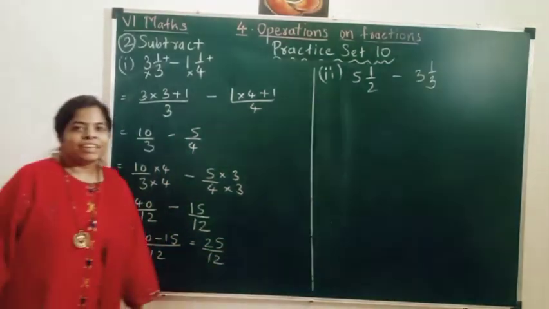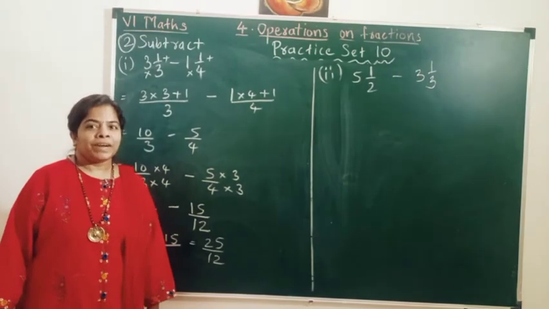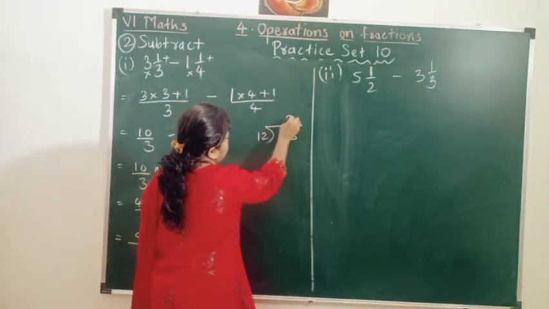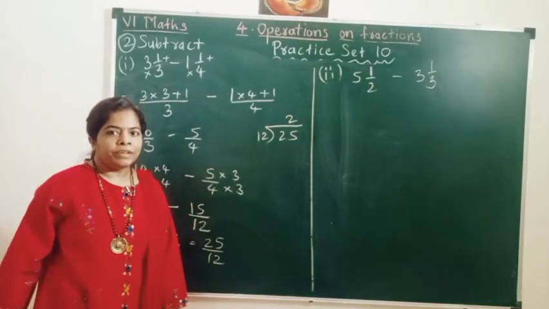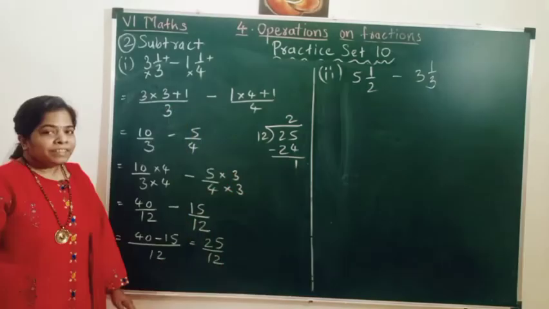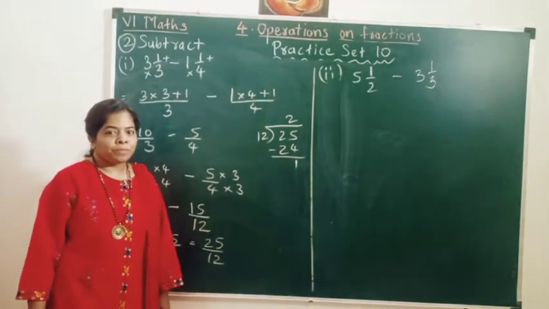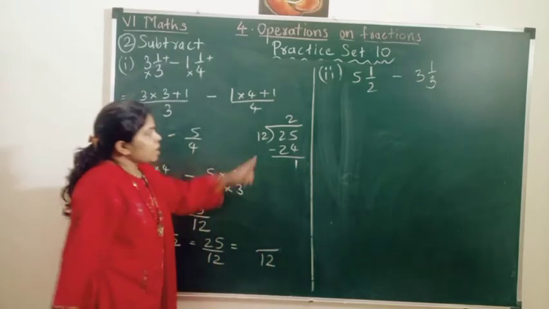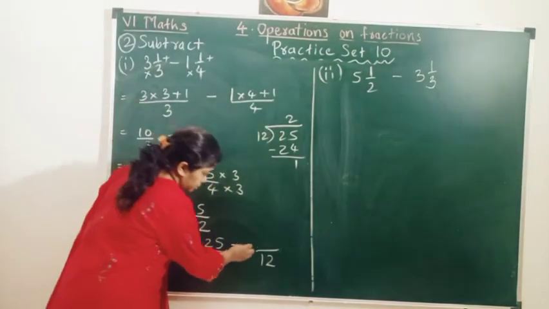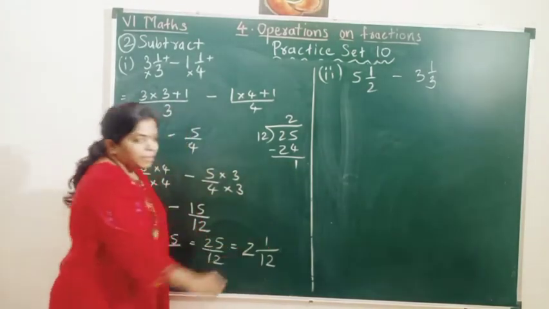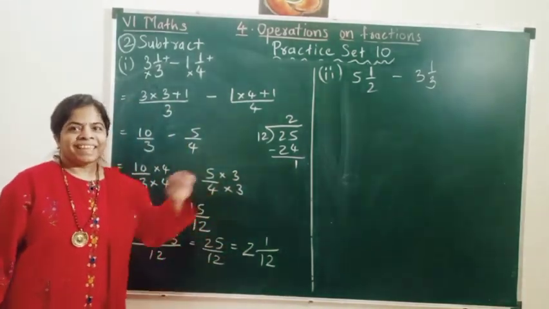You can divide and convert it into a mixed fraction. 12 2s are 24. Now we'll write in mixed fraction form: quotient, remainder and over. Next sum.